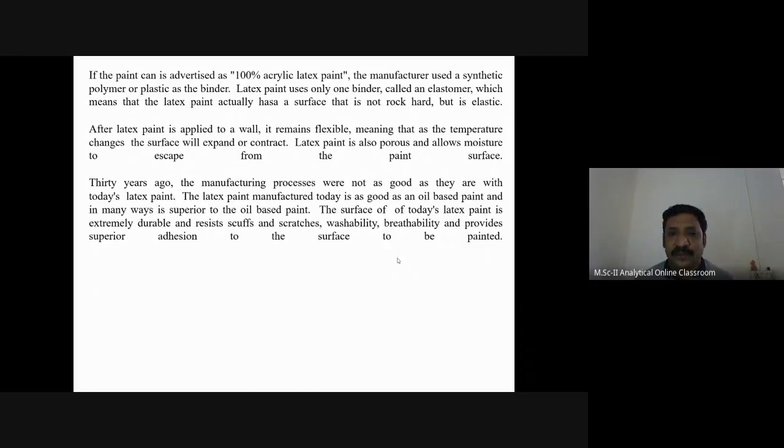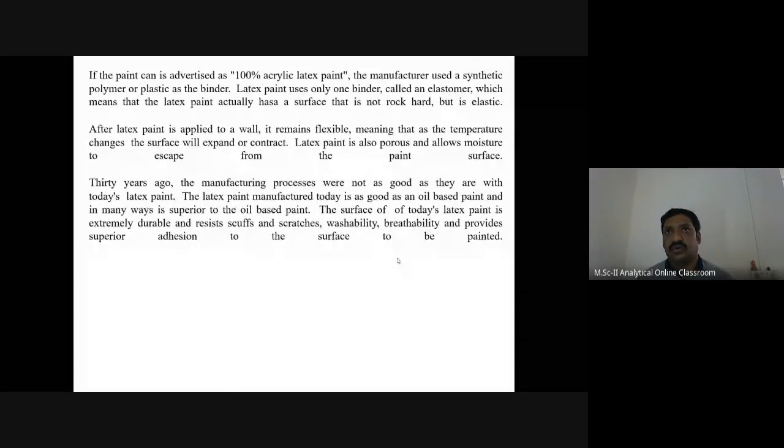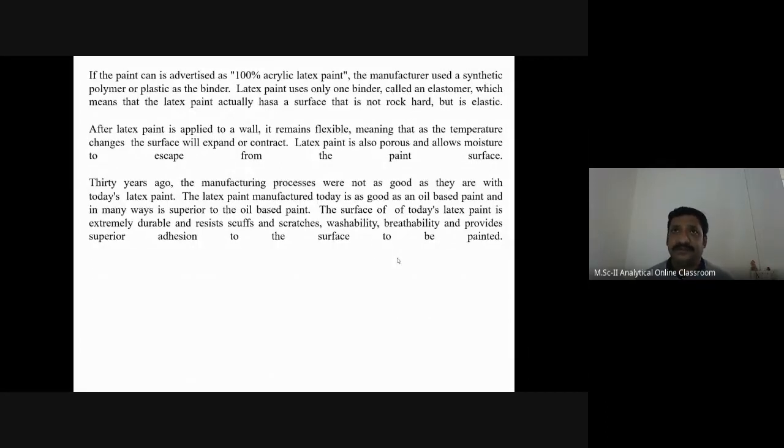Okay, so latex paint is water-based. But why is it important? It is superior to today's oil-based paint. The surface of today's latex paint is extremely durable and resists scuffs and scratches, with washability, breathability, and superior adhesion to the surface to be painted. Okay, so what are today's latex paint properties?